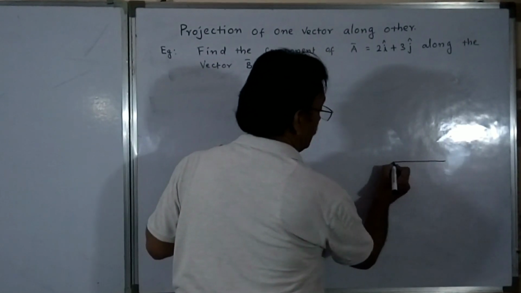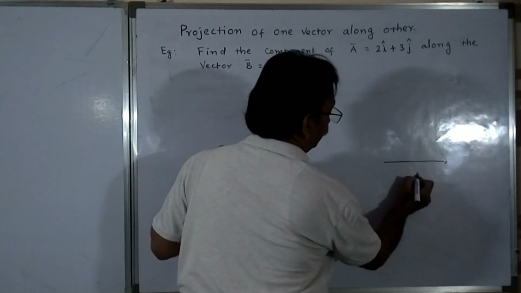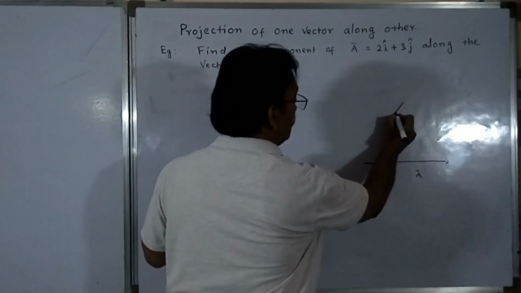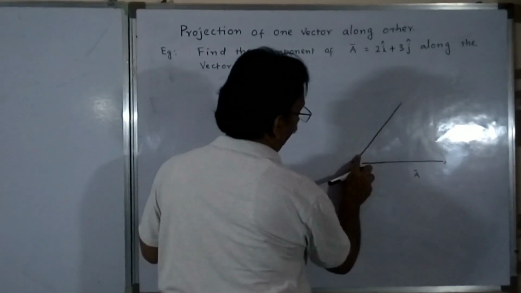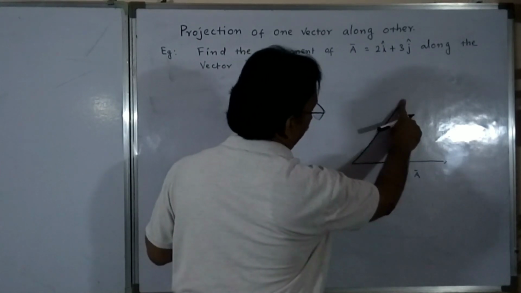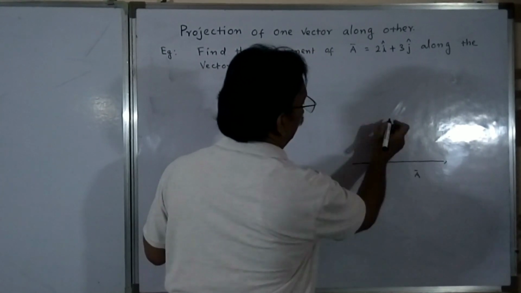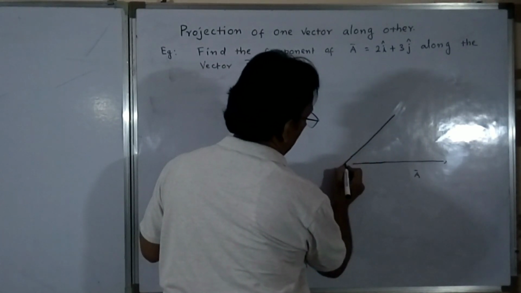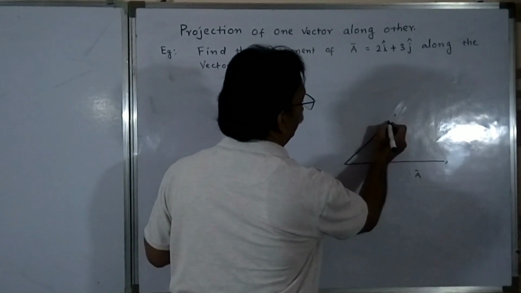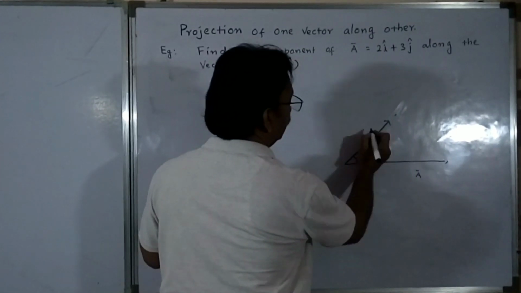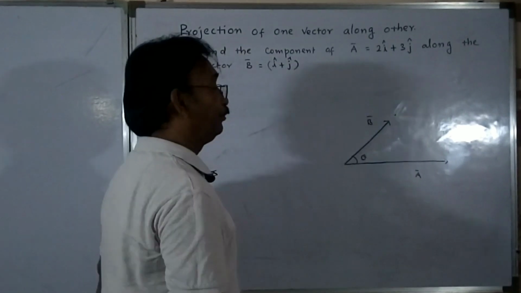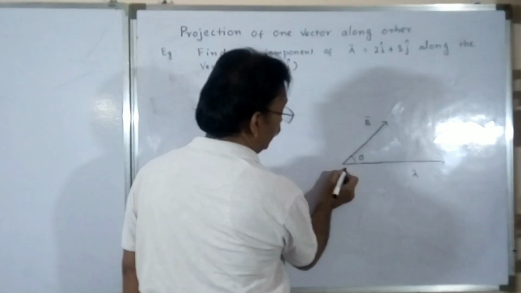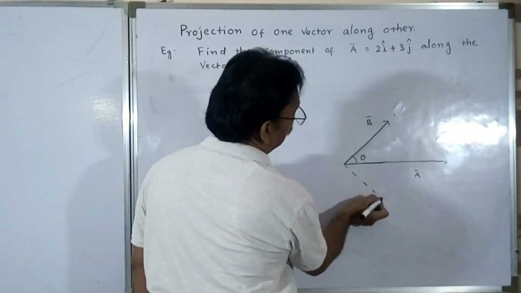I am taking this vector as A bar, and we have one more vector, B bar, inclined at an angle of theta, and we have to take the projection of A bar along the B bar. That's why we are resolving the vectors into components.